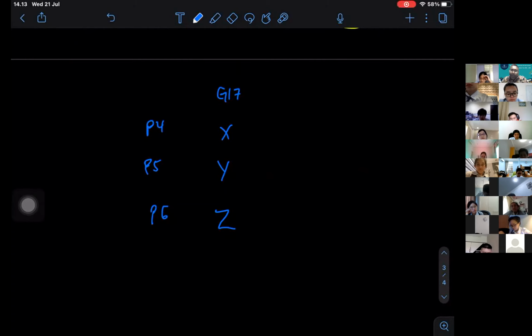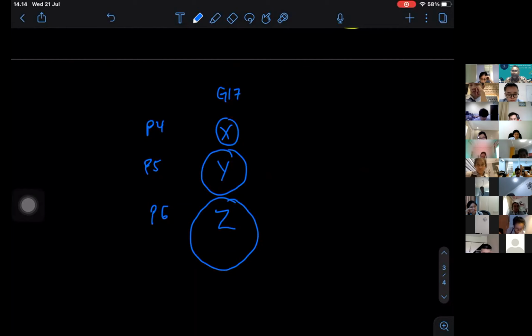Let's say this is group 17 and you have X, Y, and Z, arranged, for example, in period 4, period 5, period 6. And they ask you to compare the electron affinity of X, Y, and Z. How do you compare? Very simple. You know that this is smaller, this is bigger, this is way bigger, and the shielding effect and the distance are going to play a big role over here.